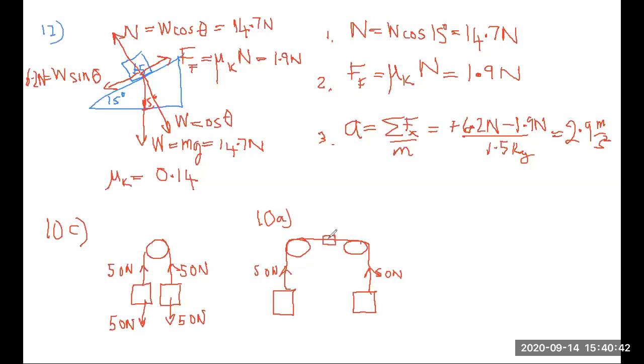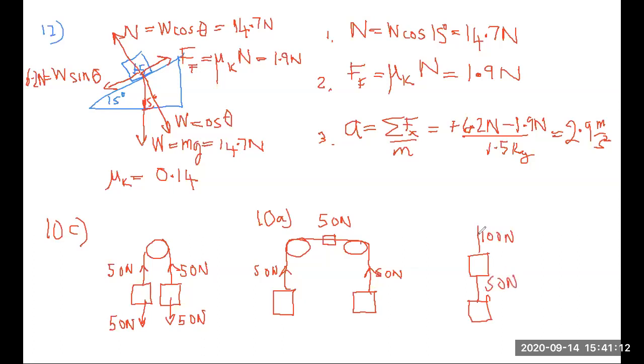Well, that spring, or the scale, just measures the tension in that particular cable or wire. So that 50 newton tension is just being transmitted through this string. So this is also 50 newtons. If I had hung the two masses like this, then this would be 100 newtons and this would be 50 newtons.